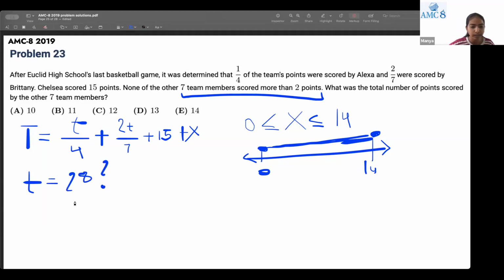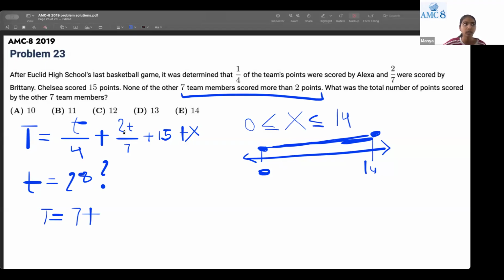So if t is equal to 28, then what's t by 4? So 28 by 4, which is equal to 7. 7 plus 2t by 7, so 2 times t is 56.